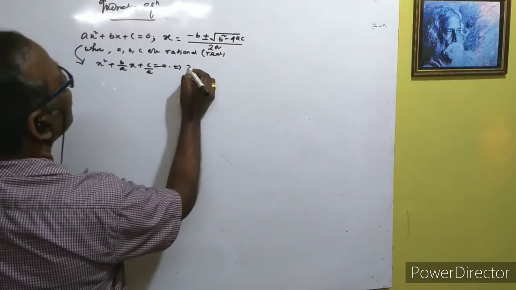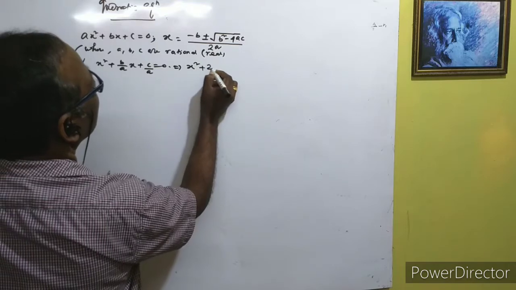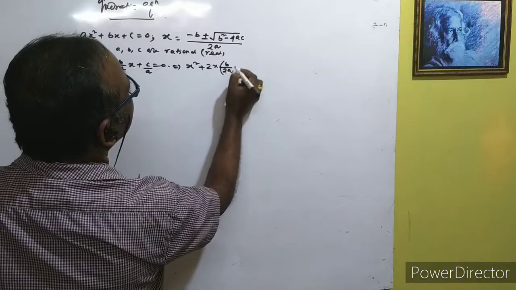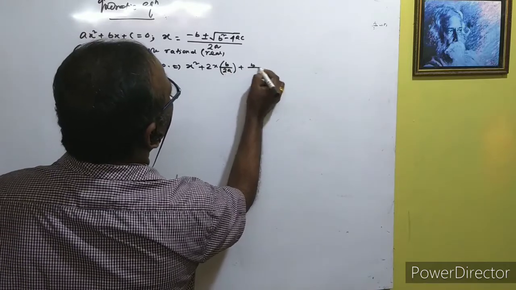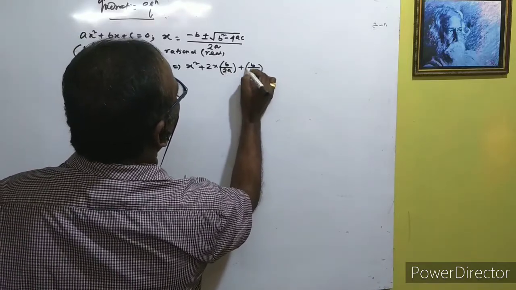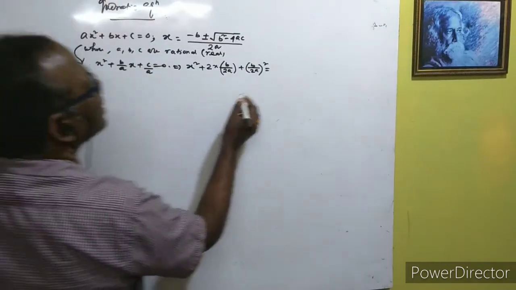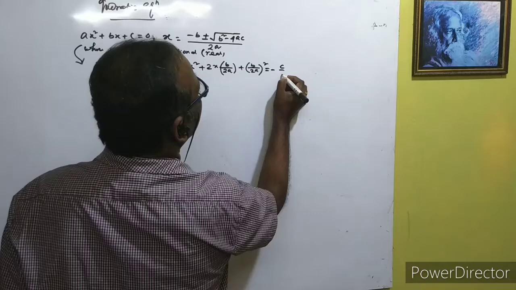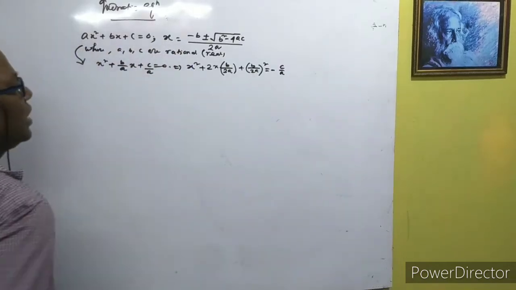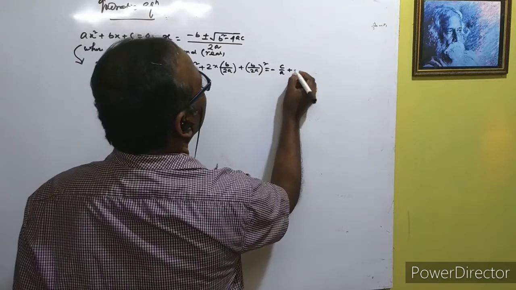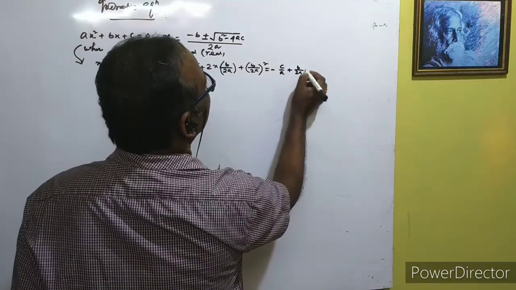Now here x² plus 2x times b by twice a, and this is a·b, so we add (b/2a)². This part we take on the right hand side, so that is c by a, and (b/2a)² added to the left hand side, so we also add it to the right hand side for balancing.